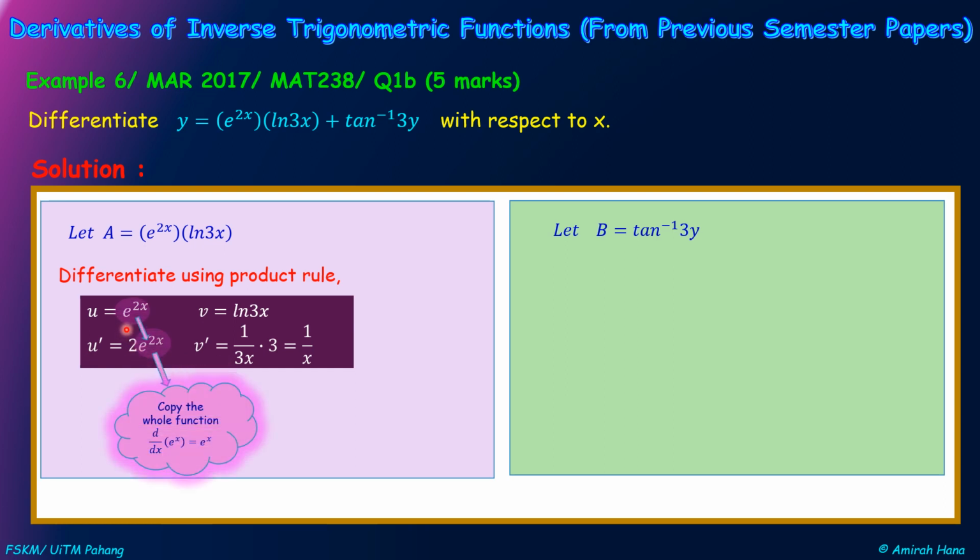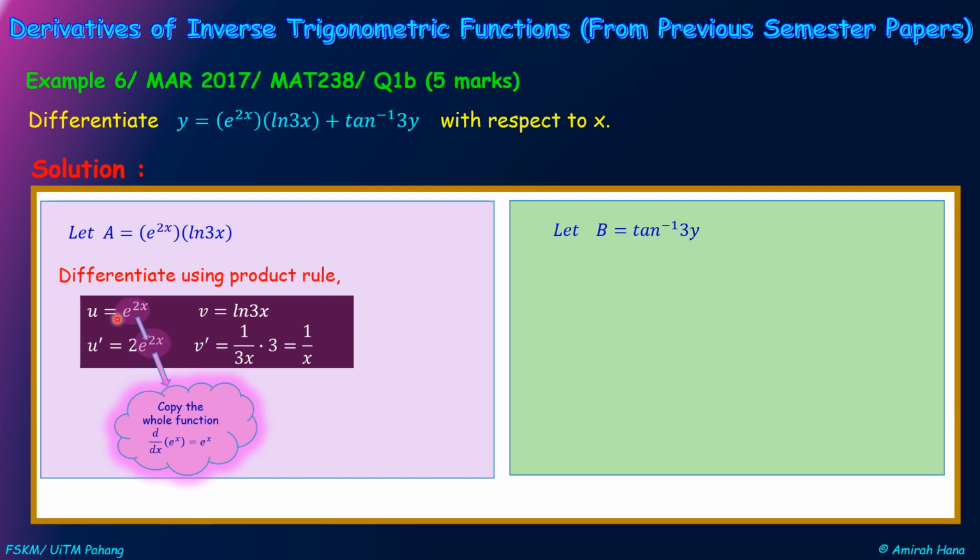When we differentiate e to the power of 2x, first we just copy the whole function, so we get e to the power of 2x. We refer to the basic formula of the exponential function. When we differentiate e to the power of x, we get back e to the power of x.